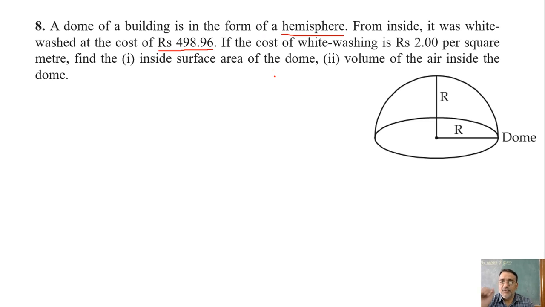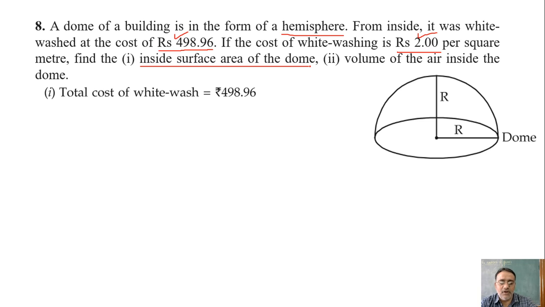So this type of question we have already done in cylinder, that the curved surface area of pillar is equal to total cost upon rate. Do you remember? Yes, sir. Okay. So total cost upon rate will give the inner surface area of the dome. So let us start with the total cost of whitewashing, that is 498.96 rupees, and the rate is rupees 2.